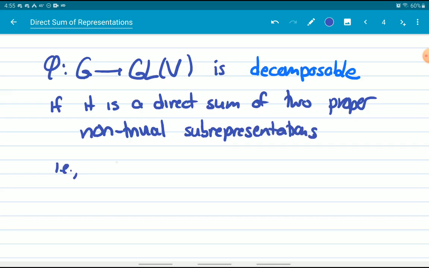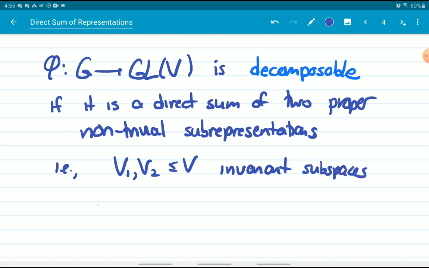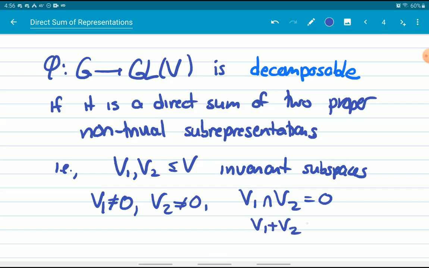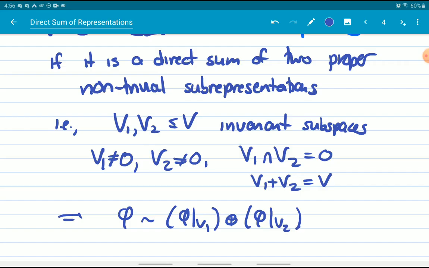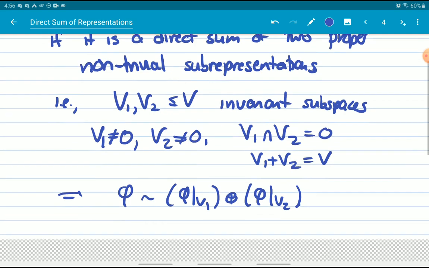In other words, we've got invariant subspaces which are both not the trivial subspace, but whose intersection is trivial and whose span is everything. Given that, of course, phi is equivalent to the direct sum of the restrictions, but the point is that the restrictions are not themselves trivial. So it's an interesting direct sum decomposition. If one of the factors is the zero space, it's not interesting.